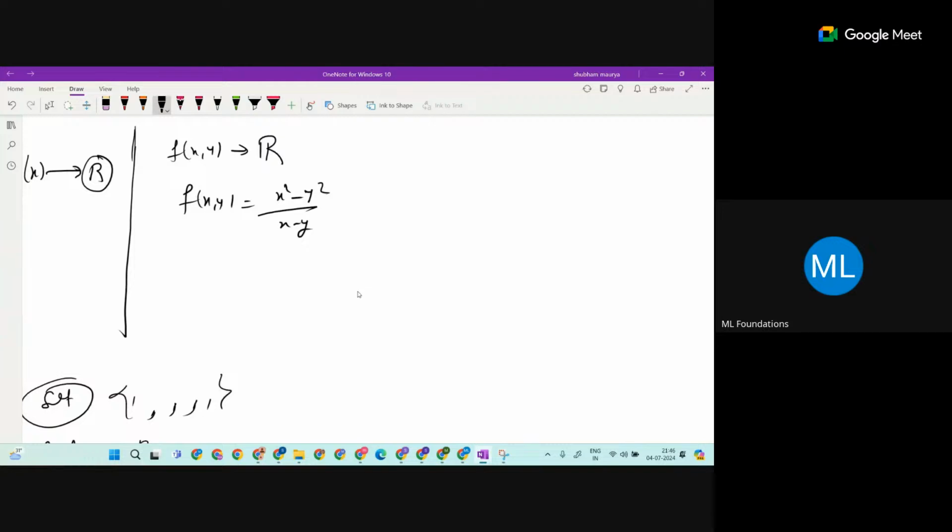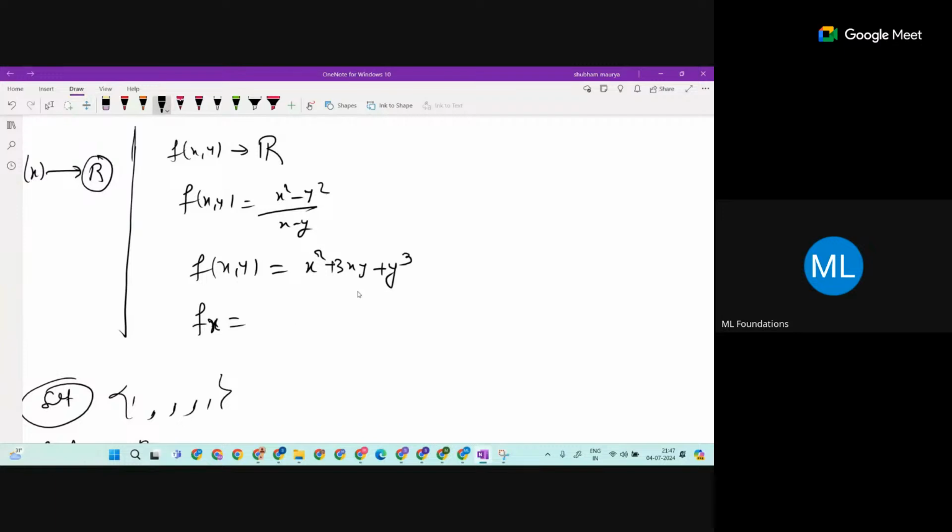Okay. So in this case, what is the partial derivative? Let me take a simple example. Let's say this is x square plus 3xy plus y cube. Suppose this is the function we have. Partial derivative means assuming y as a constant and differentiating. Here it is with respect to x, so we differentiate with respect to x and assume y as a constant.